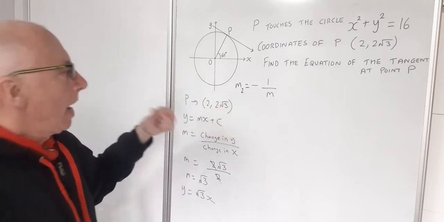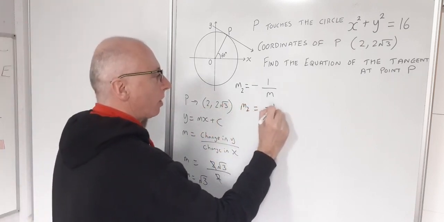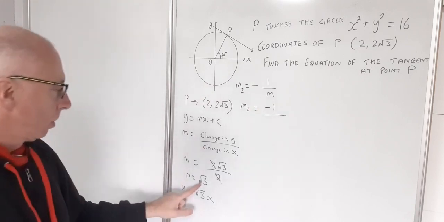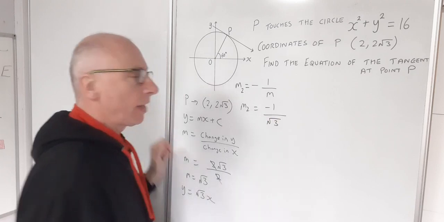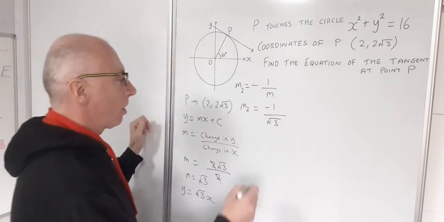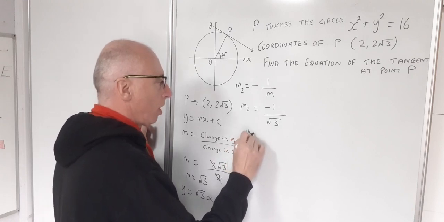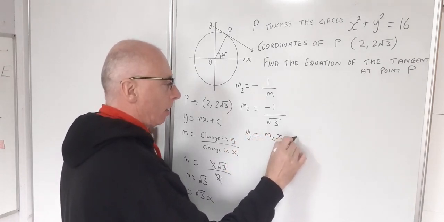So negative 1 over m, so this is our first m. So m2 equals minus 1 over root 3. So that's our gradient of this tangent line. So now what we want is to find y equals m2x plus c.